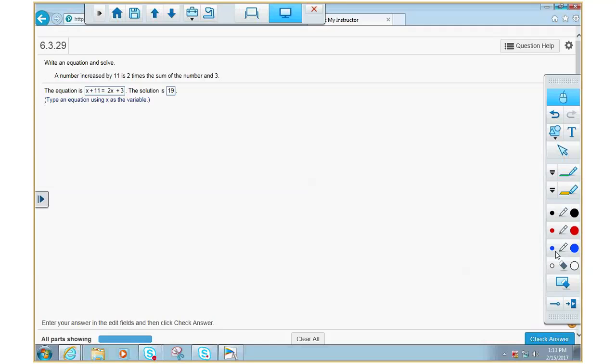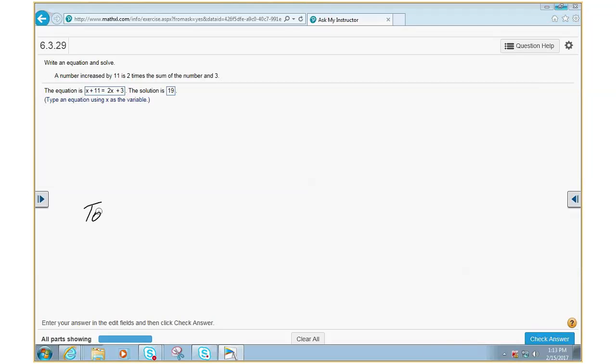I think it's the first couple of pages in 2.3 or 6.3, whatever section this is. And they give you a bunch of phrases like total, sum, greater than. All those have to do with plus.